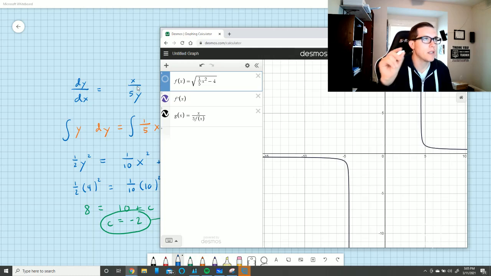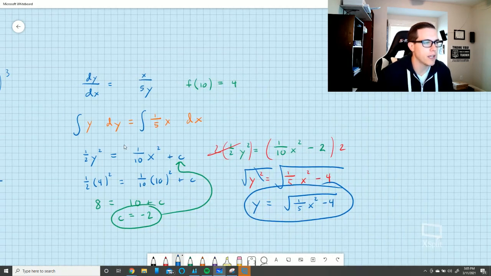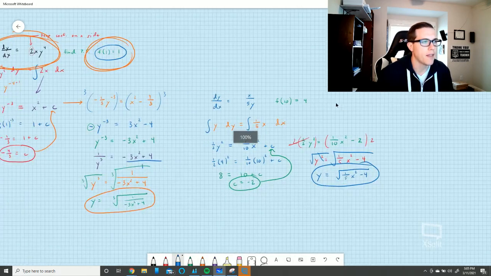Just like when we had dy over dx equaled y, that y was equivalent to e to the x. I know that's a little confusing, but this is a cool way to check. So go back and watch it again if you're a little confused on why this works. It is a nice way to see that your particular solution actually does work. But really, at the end of the day, we're just finding antiderivatives and solving for c and then getting y by itself. All right, that's it.